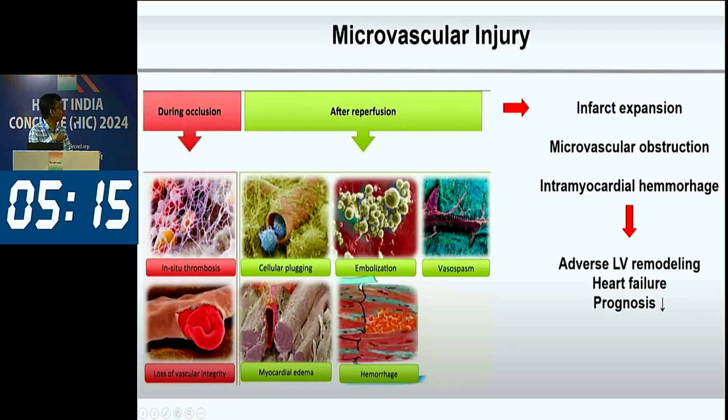What happens during occlusion: because of in situ thrombosis, loss of vascular integrity, cellular plugging, myocardial edema, and embolism, and because of endothelial swelling, tissue edema or luminal thrombus, flow is actually reduced at the tissue level.